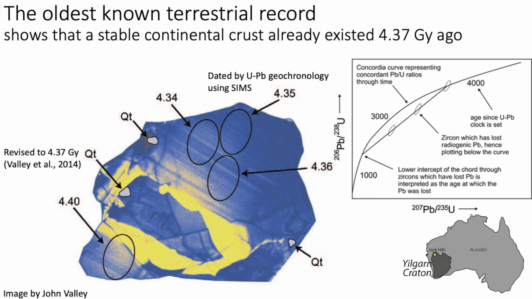Then you may have some other dates, depending on where you're looking at the samples, and then they will align because it may lose some lead. And then there's a second intercept here closer to present day. This lower intercept of the chord is the most recent time where the zircon have lost lead. That's the last time it reacted.